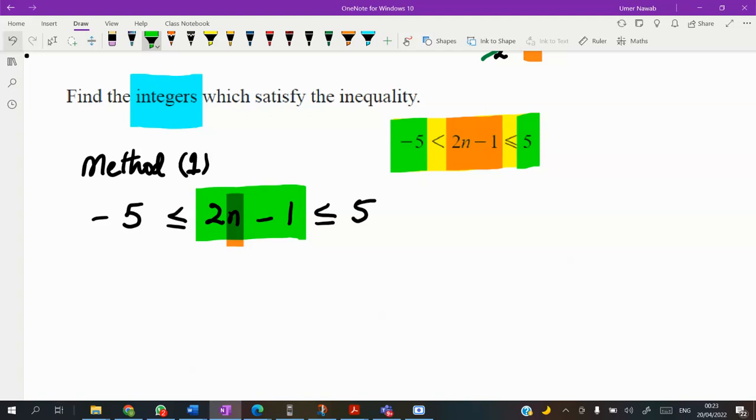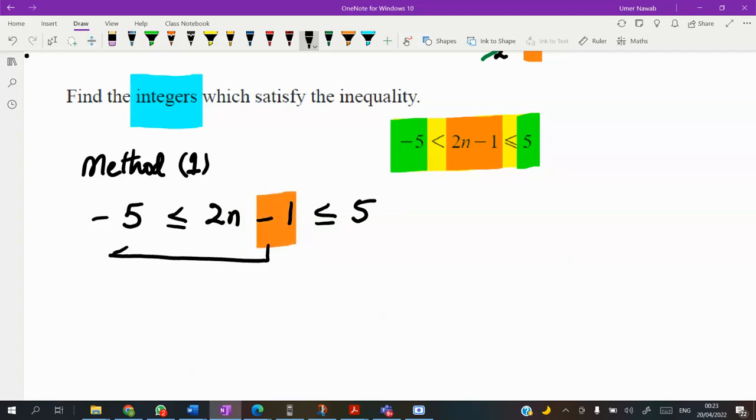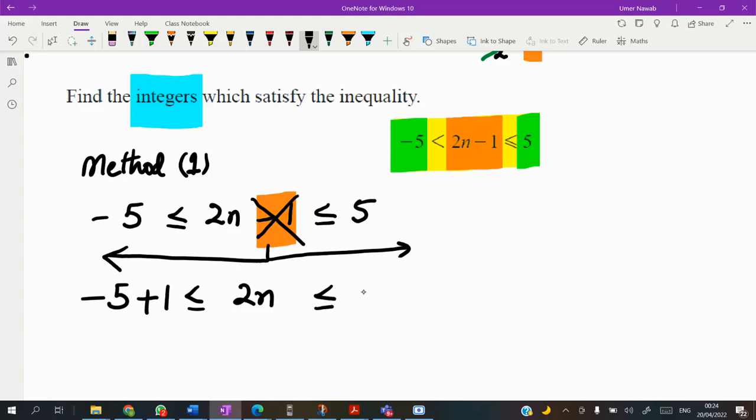So it's pretty simple. First, we will send this minus 1 to the left hand side and to the right hand side. So minus 1 will be removed by writing plus 1 here. What is left in between? 2n just. And minus 1 has gone to the other side, it becomes plus 1. Amazing.